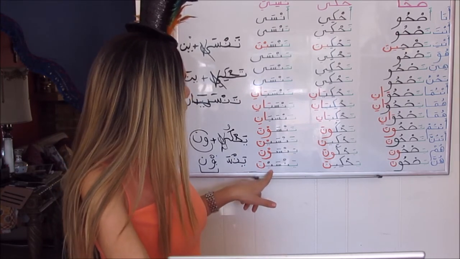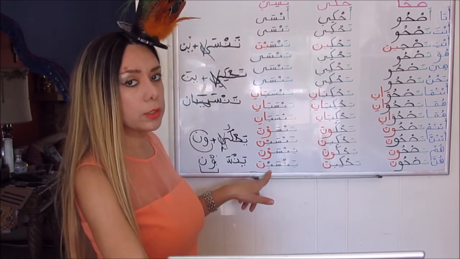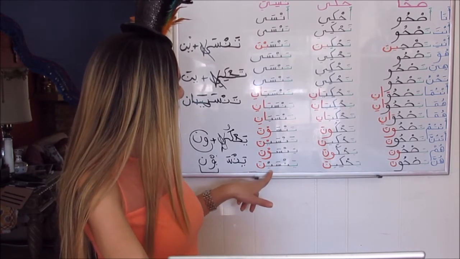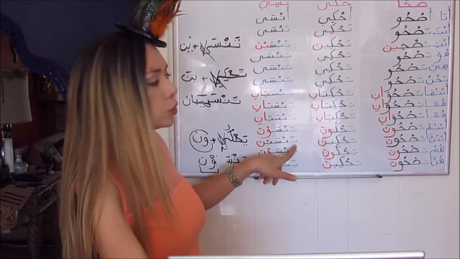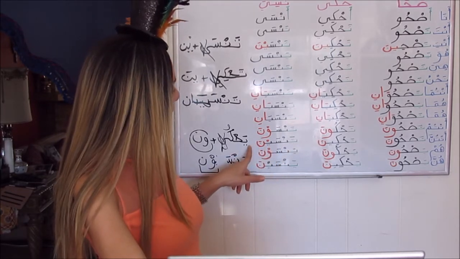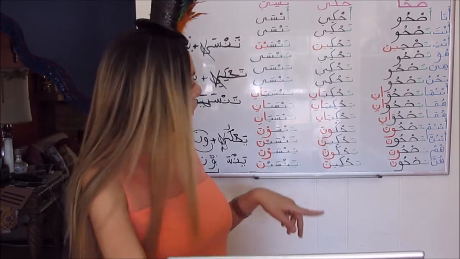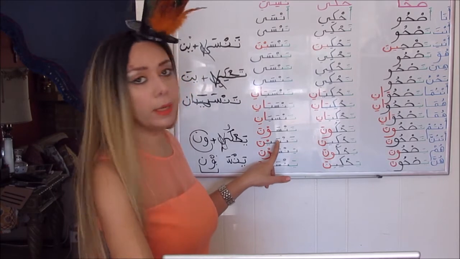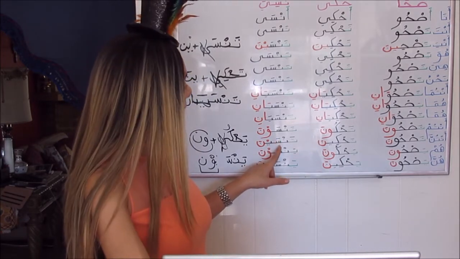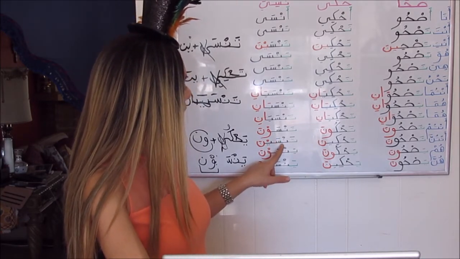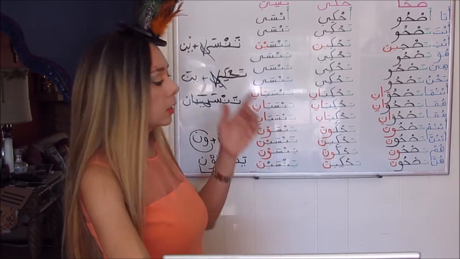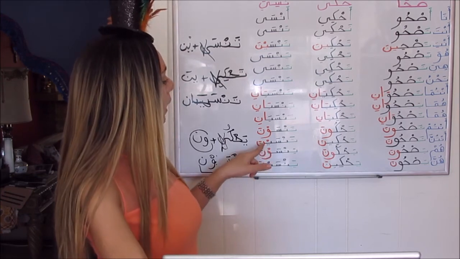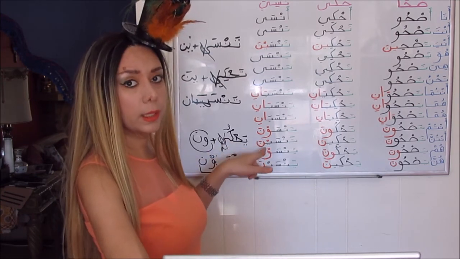So the shortened alif turns to its original, and then we attach the nun. ينسينا or أنتن تنسين. Okay? And we mark it with a sukun because it is preceded by a fatha. If we had to turn a fatha to a kasra, we would say tansina. That's why we have to mark the ya with a sukun.